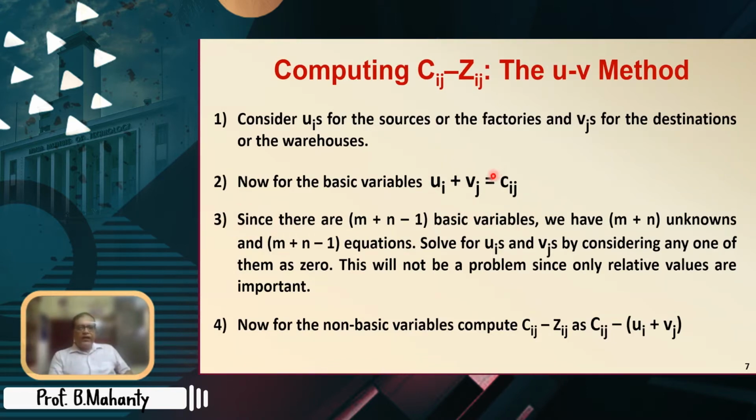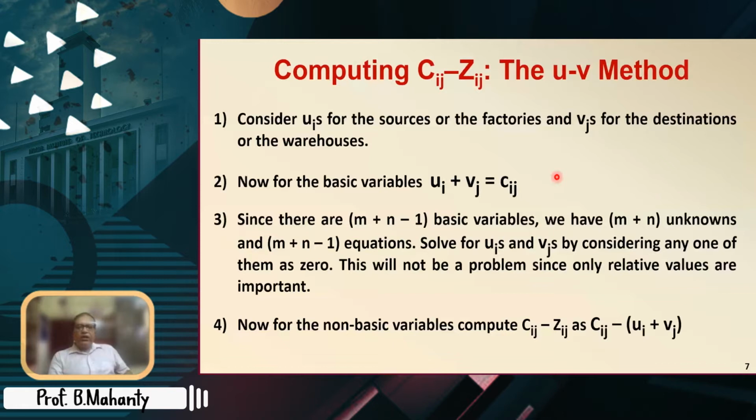So that is why, for the basic variables, Zij is equal to 0. So the Cij will be the value of Ui plus Vj. And now for the non-basic variables, the Cij minus Zij would be Cij minus (Ui plus Vj). You can interpret it like this: Ui plus Vj would be equal to Zij.